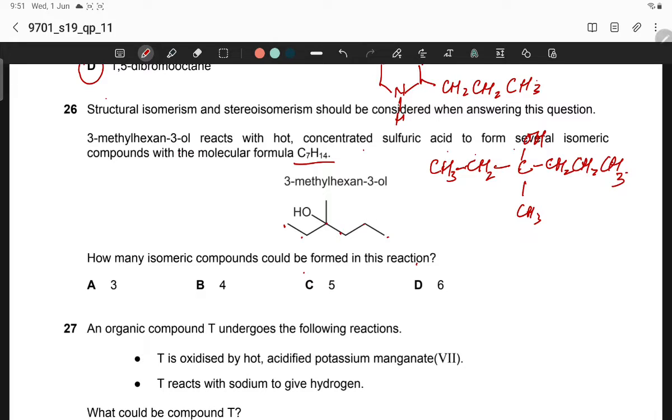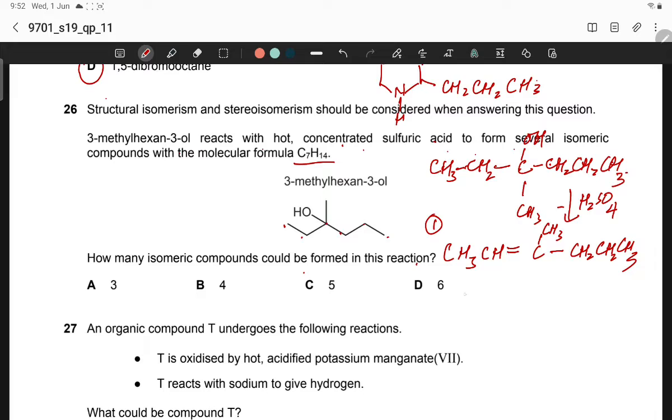Reacting with concentrated sulfuric acid, H2SO4, gives CH3, CH double bond C, CH3, CH2, CH2, CH3.